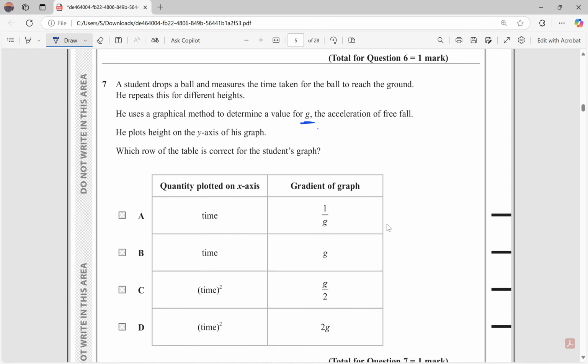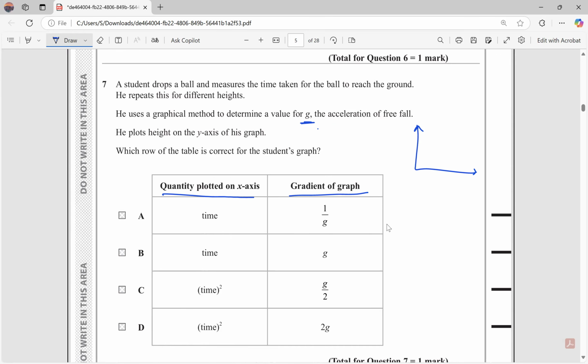You should know it if you've taken even a few classes. And so he plots height on the y-axis and which row of the table is correct for the student's graph. So we have to say what is on the x-axis and what is the gradient.